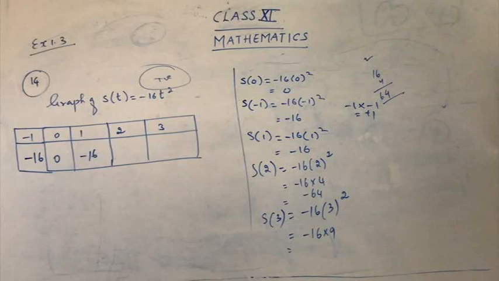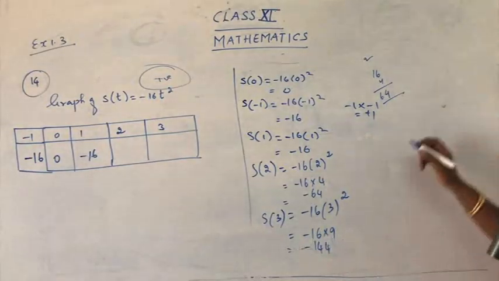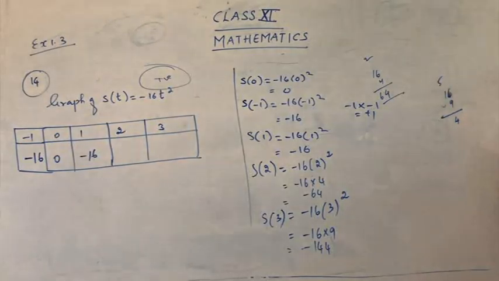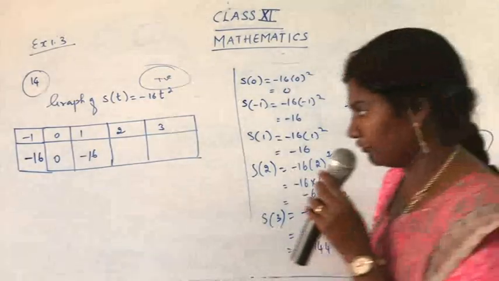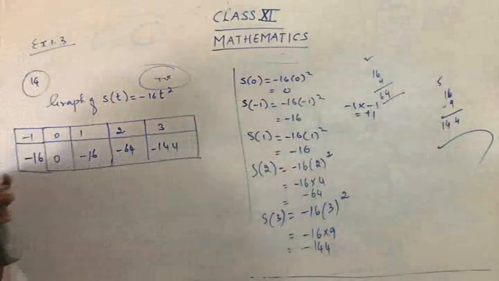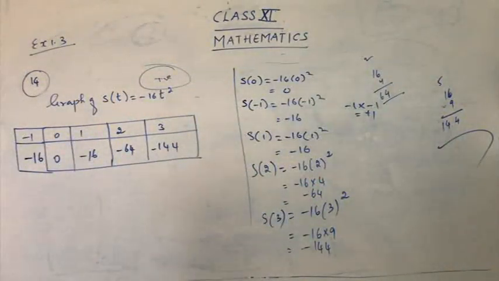It's minus 144. So minus 144. Let's fill the table here: minus 64, minus 144. Actually, the number goes very big. Yes, 144. Okay, let's see how to plot the values.